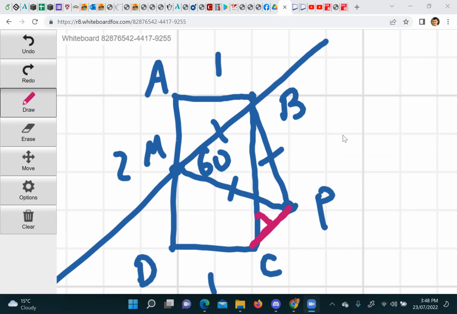The way is to draw a really good diagram. Wait, why is it less than 60? Because those angles are 60.